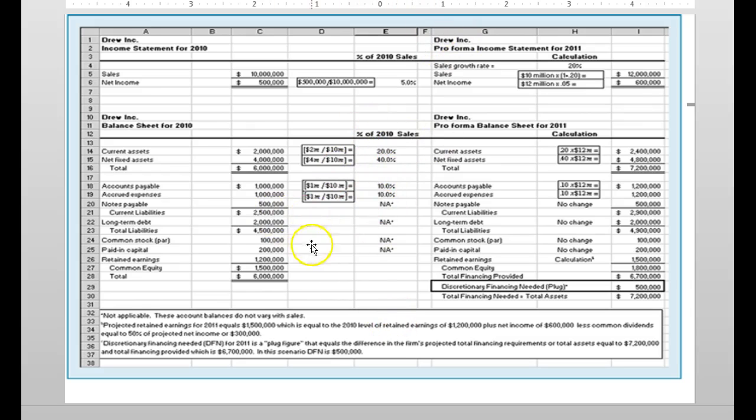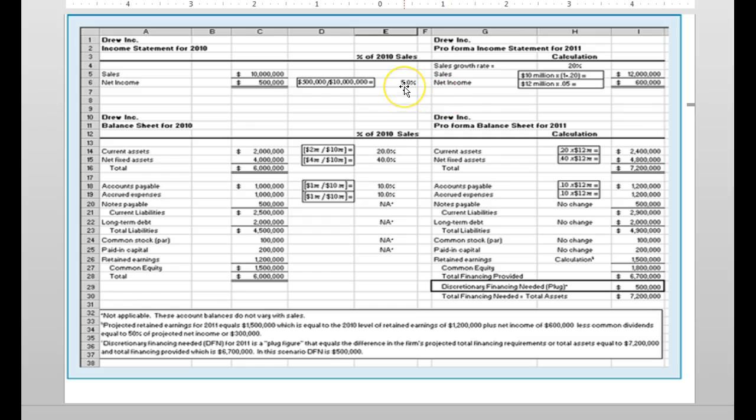And all the way down, you may look at it and say, well, long-term debt is not going to change. I don't believe I'm going to change my common stock or my paid-in capital, and my retained earnings don't play into this, so you're going to calculate that when you get over to here, your increase. So let's see what happens when you get over here. Well, you're going to increase that $10 million by 20%, so you come up with $12 million.